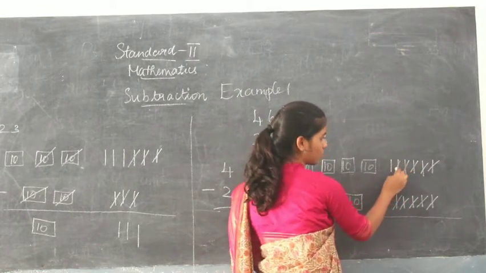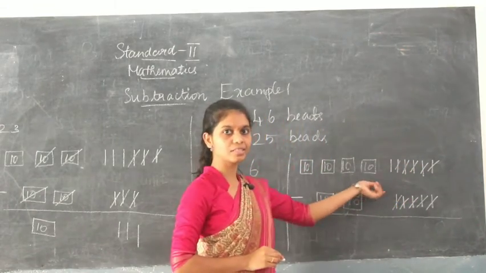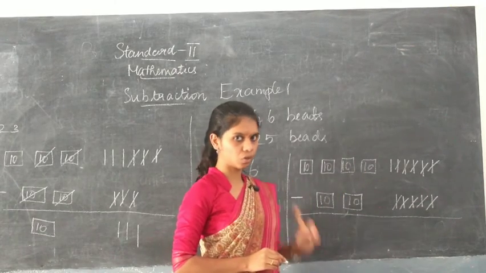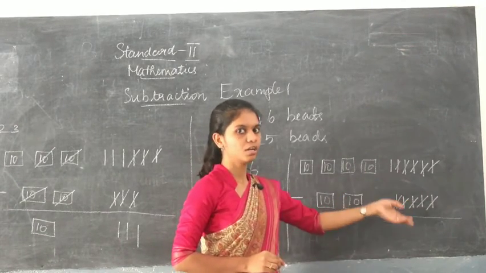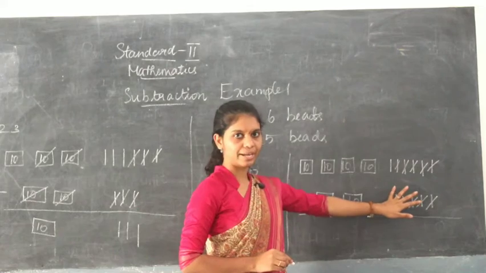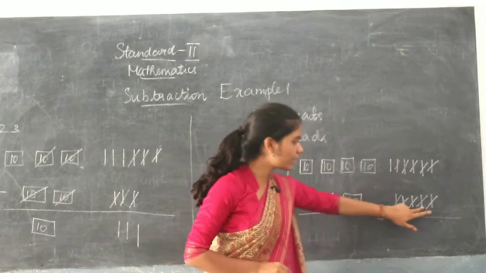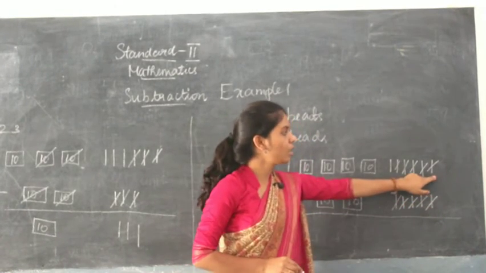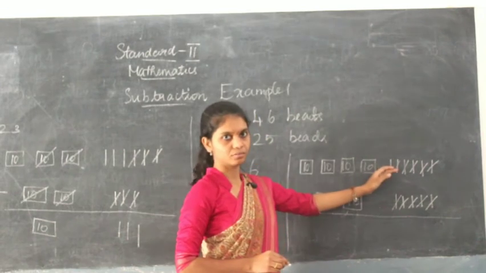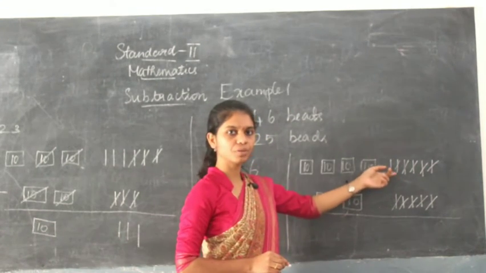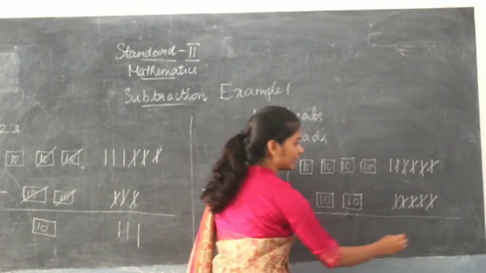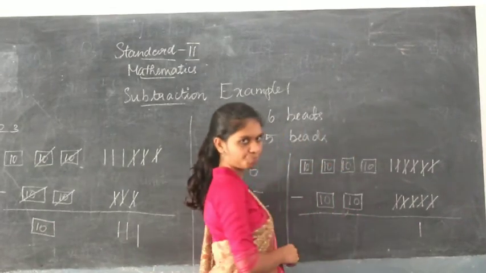Whenever you are crossing, you have to start with the number in the down, right? So you crossed all the ones in the down and all the ones on the top except 1, right? So how many ones are left? Only 1. So you will write that 1 in the down.